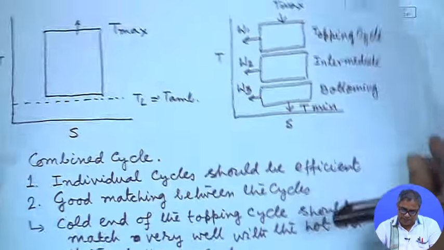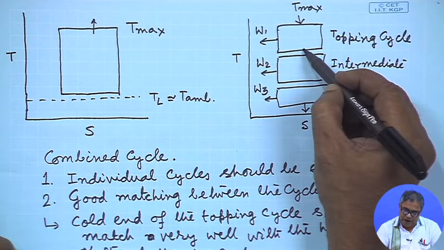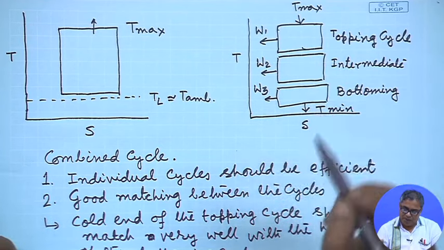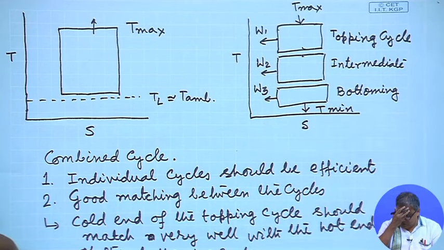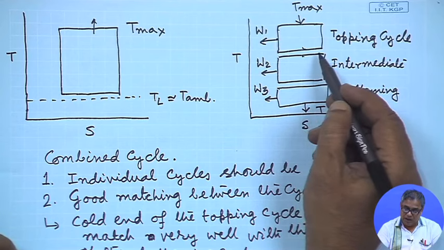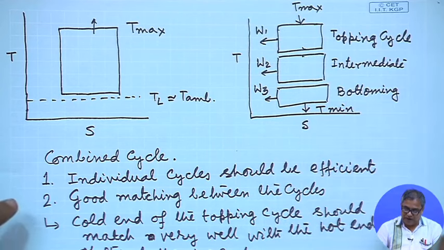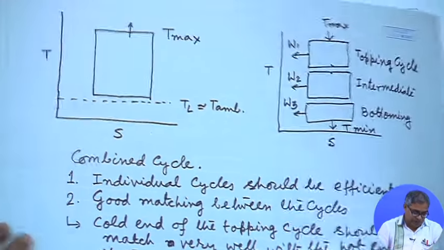So, let us say if we take this figure. So, this is the cold end of the cycle at the top and this is the hot end of the cycle at below. So, they should match properly. What I mean by matching, that we will elaborate as we proceed.